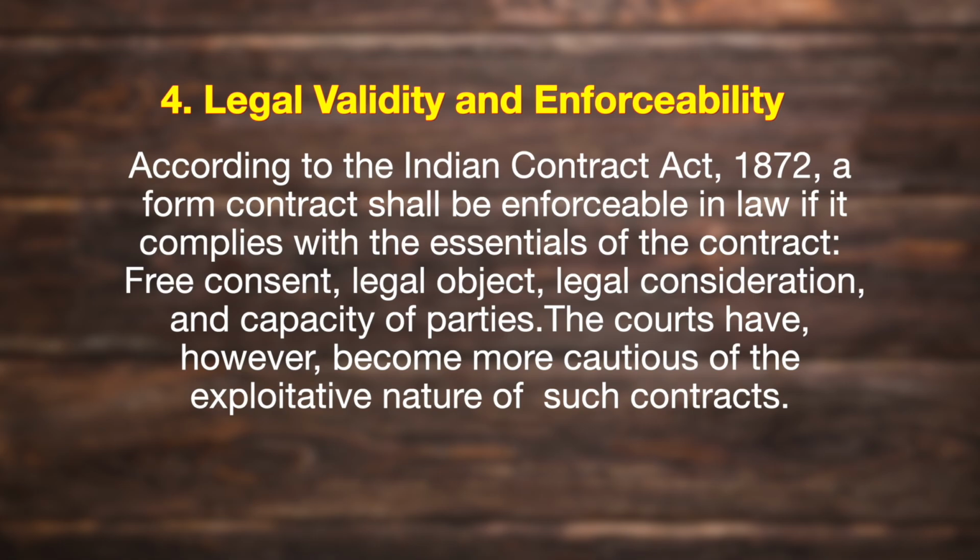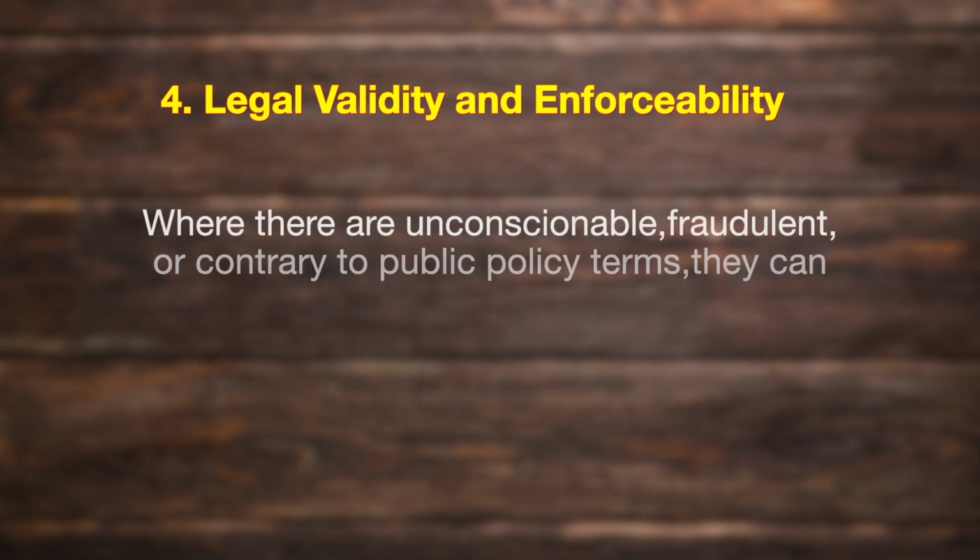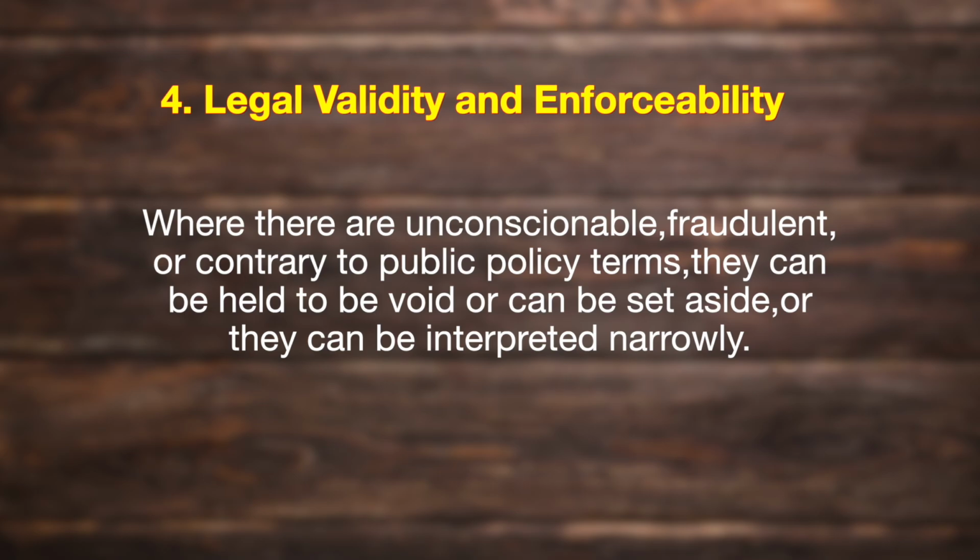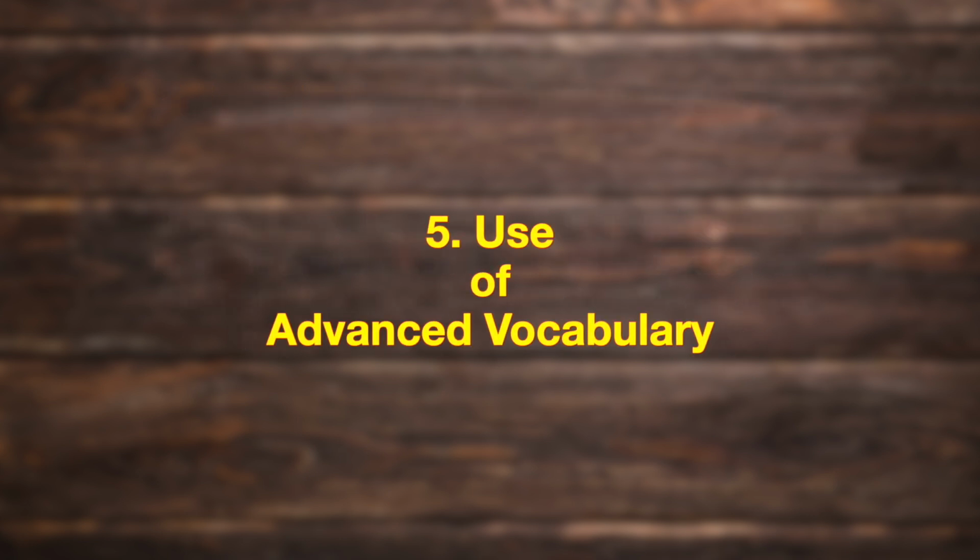The courts have, however, become more cautious of the exploitative nature of such contracts. Where there are unconscionable, fraudulent, or contrary to public policy terms, they can be held to be void or can be set aside or they can be interpreted narrowly.